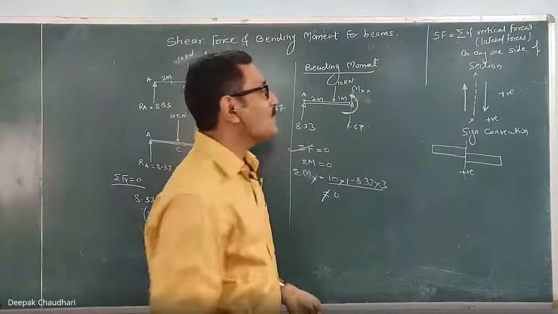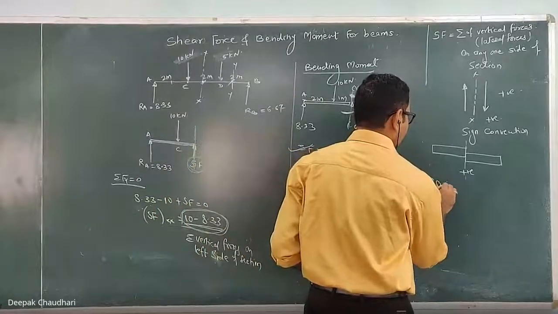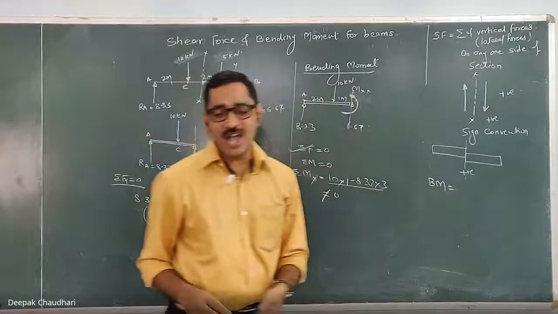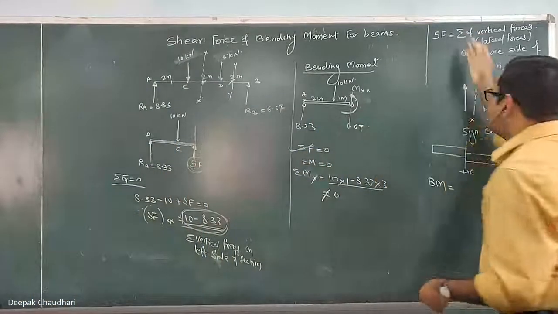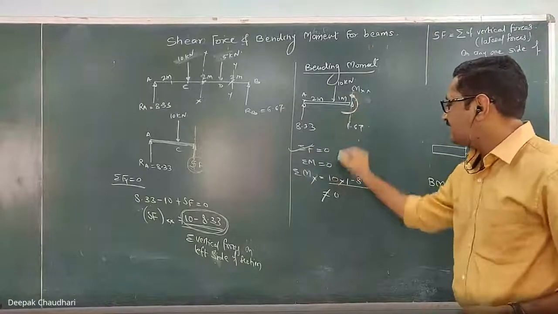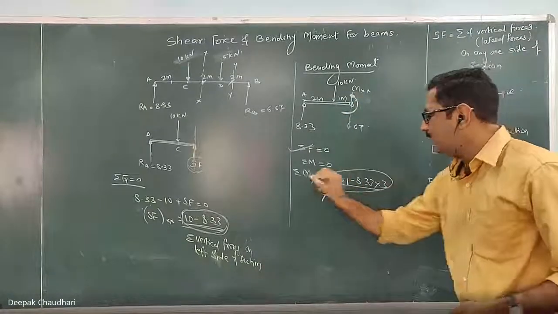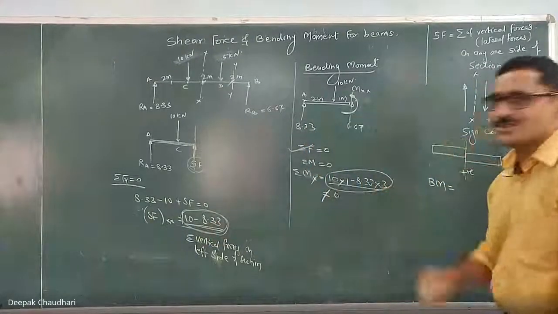Okay. Then how to calculate the bending moment? At any particular section, how to calculate the bending moment? Calculating the bending moment is similar to this here. So bending moment at any section is nothing but the algebraic summation of the moment. Here this is the summation of the forces, whereas this is the summation of moment.